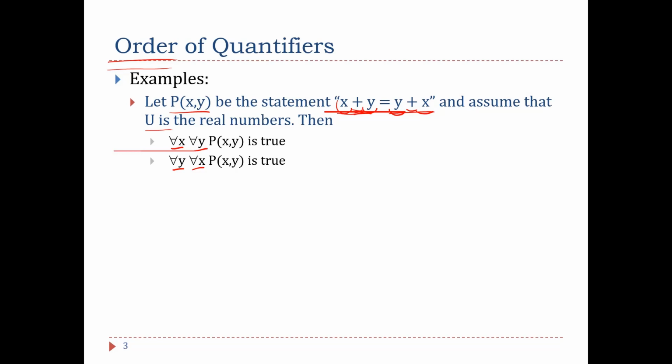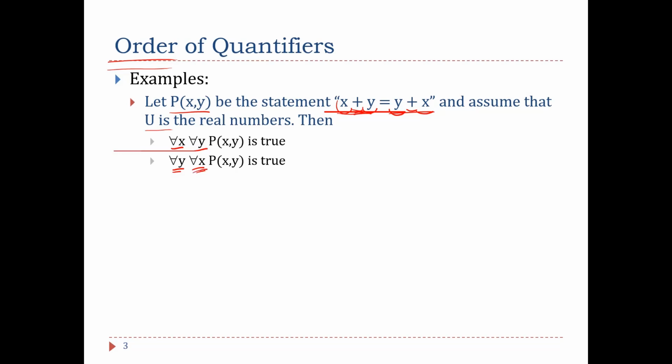It's like the friendship relationship: if A is friends with B, then B is also friends with A. This is why we can interchange the order of the quantifiers, but this is not the only condition. The other condition is that both quantifiers are universal.